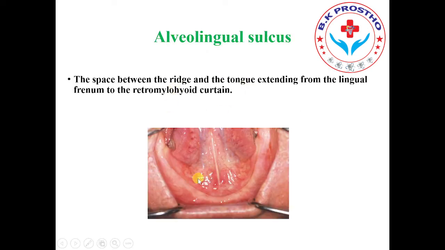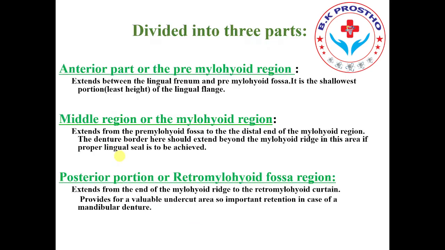Alveolingual sulcus. The space between the ridge and the tongue, extending from the lingual frenum to the retromylohyoid curtain. It is divided into three parts: the anterior part, the premylohyoid region; the middle part, the mylohyoid region; and the posterior part, the retromylohyoid fossa region.